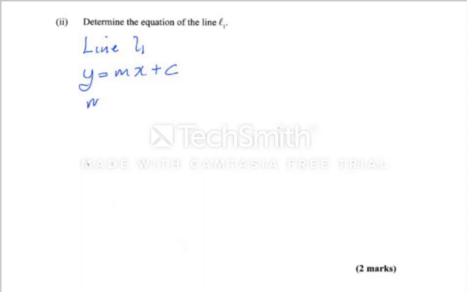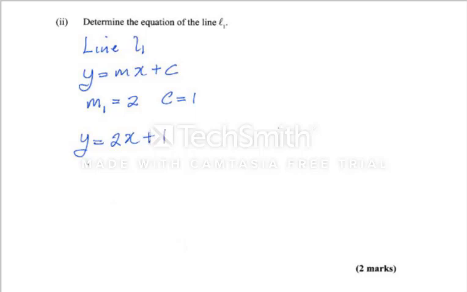We already know that the gradient of L1 is 2, and we know that the line L1 cuts the y-axis at (0, 1). So c is equal to 1. So the line L1 is the line y is equal to m, which is 2x, plus c, which is 1.